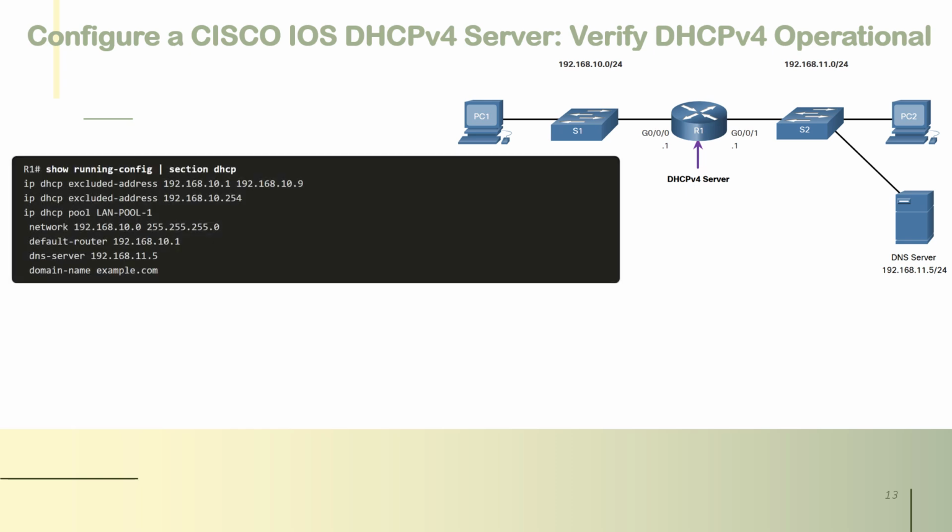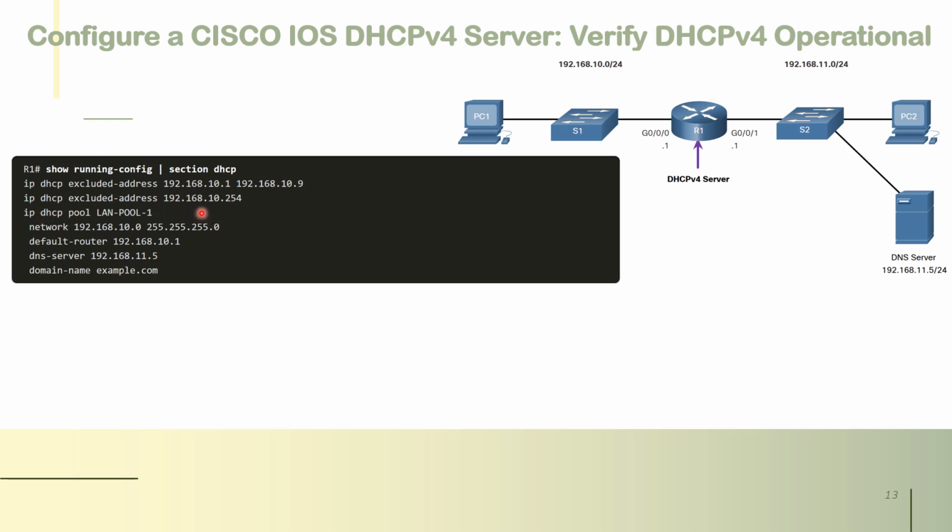So by using show running-config | section dhcp, we will see all the commands that are configured on router 1 only for DHCP version 4. And as you can see, we excluded the IPv4 addresses, the range from 192.168.10.1 to 192.168.10.9.